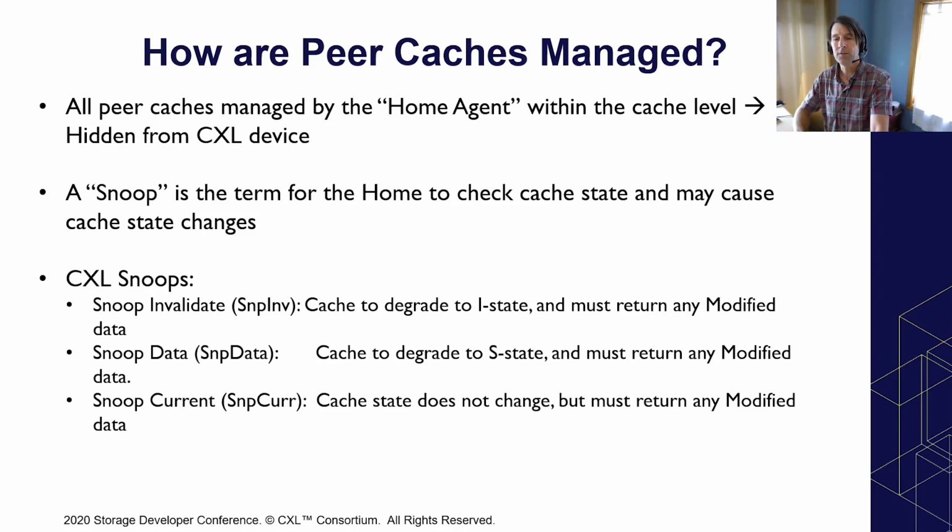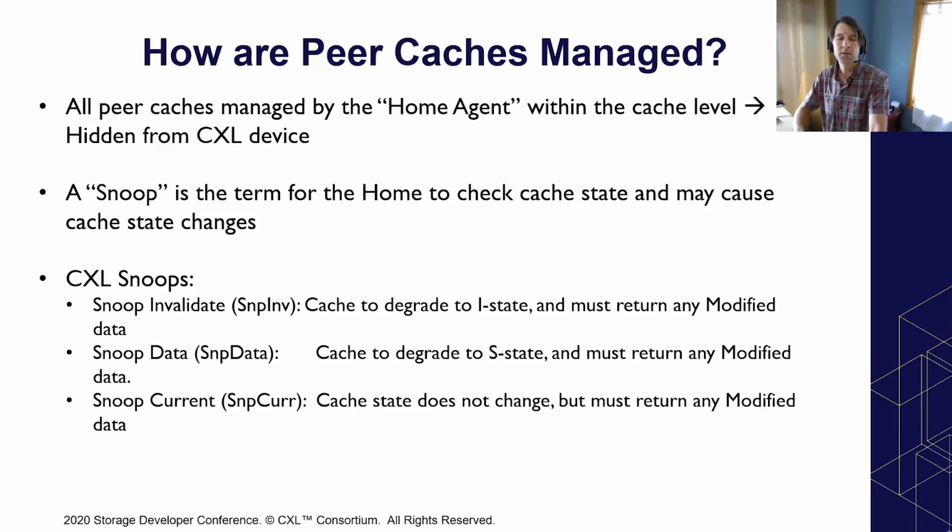It only knows that it needs to check with the home agent to find out what state it's allowed to have. So what the home agent will do is use messages we call snoops to check on the cache state in the caches that it's responsible for. And those snoops may also cause cache state changes.